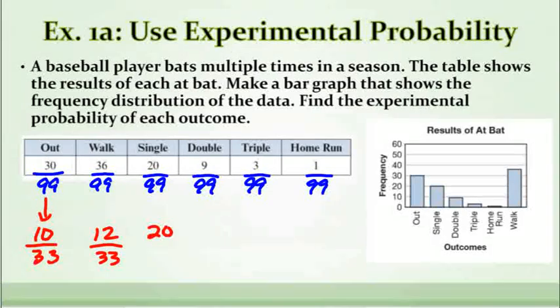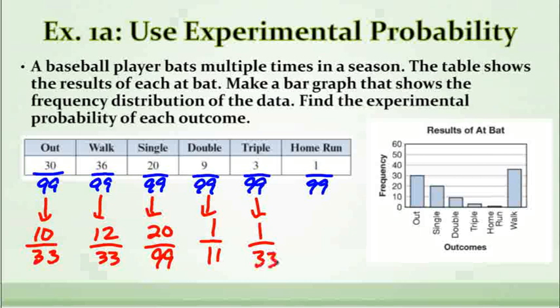This would stay at 20 over 99. And divide a 9 top, so it's 1 out of 11. Divide a 3, that gives us 1 out of 33. And then this is 1 out of 99. So there I gave the probability of each outcome. We have our bar graph to the right, so you can see how it would shape up.